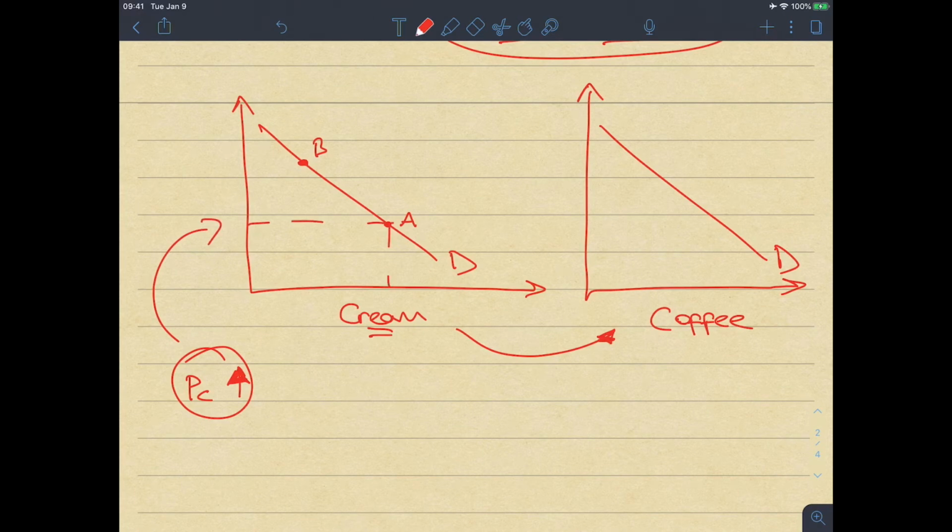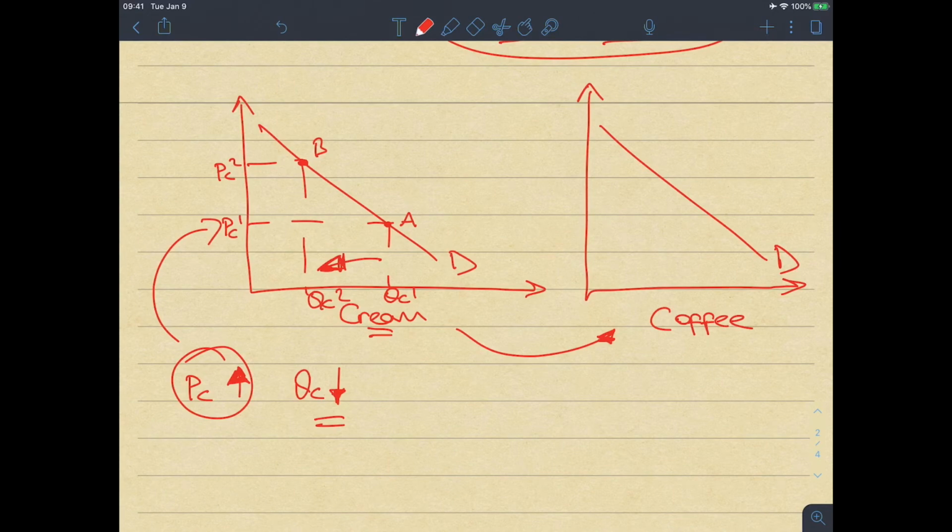Like that, we will have a movement along the demand curve. So basically, let's say PC1, PC2, quantity C1, quantity C2. So when the price of that good increases, we know that you're going to consume less of it. So basically, the quantity demanded in the cream market is decreasing. So you're consuming less cream because of the increasing price.